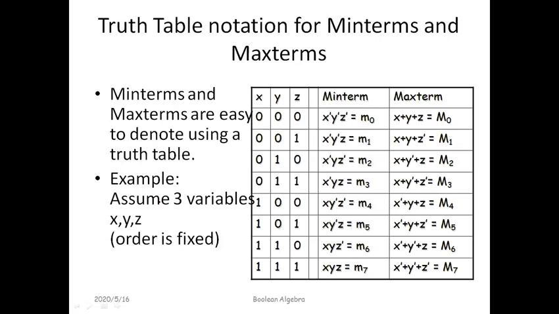Then we have a column for the min terms and a column for the max terms. Let's look at the first input combination, 0, 0, 0. In the min term, we complement all three inputs. So we have x bar, y bar, z bar, which is equal to small letter m with a subscript 0. This 0 means the decimal equivalent of 000.